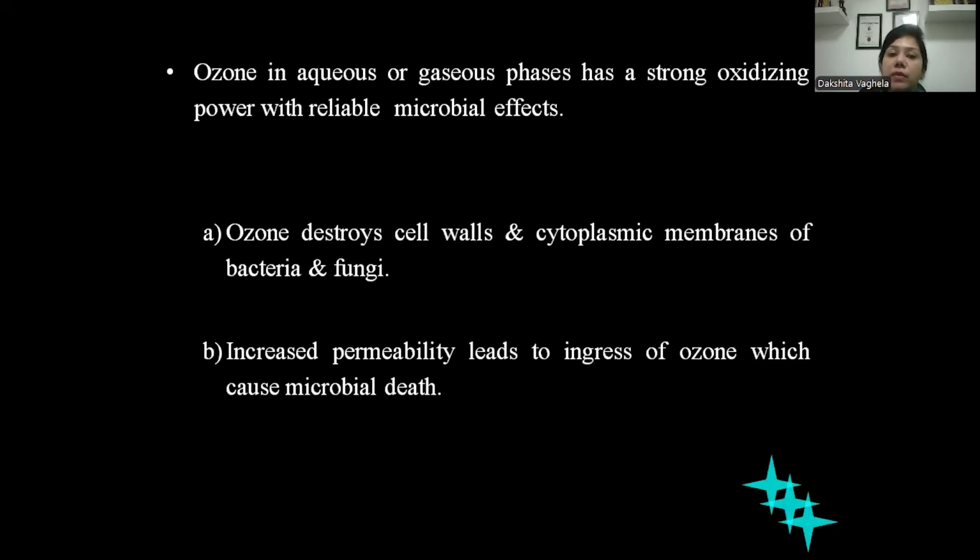Ozone is available in 2 forms: one is aqueous and the other is the gaseous phase, and it has strong oxidizing power with reliable microbial effects. Ozone destroys the cell walls and cytoplasmic membrane of the bacteria and the fungi. Increased permeability leads to ingress of ozone, which causes microbial death. So cell lysis again takes place because of the cell membrane permeability caused by ozone.